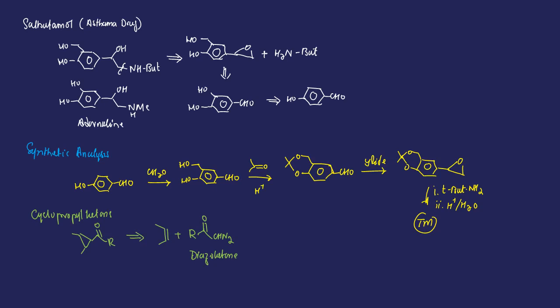Besides diiodomethane, we can use halocarbenes. For example, we have chloroform as a starting material.